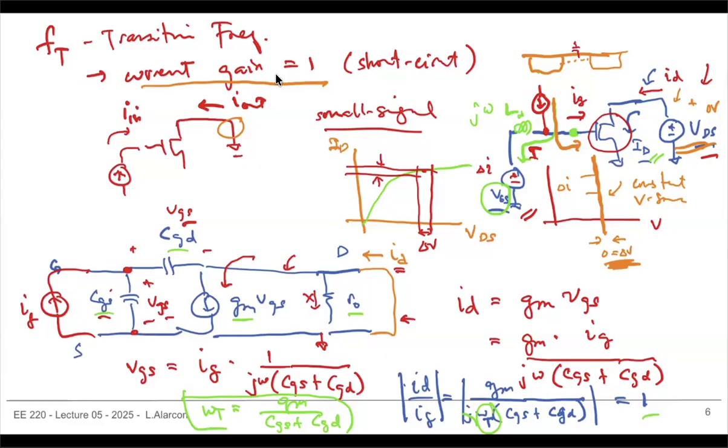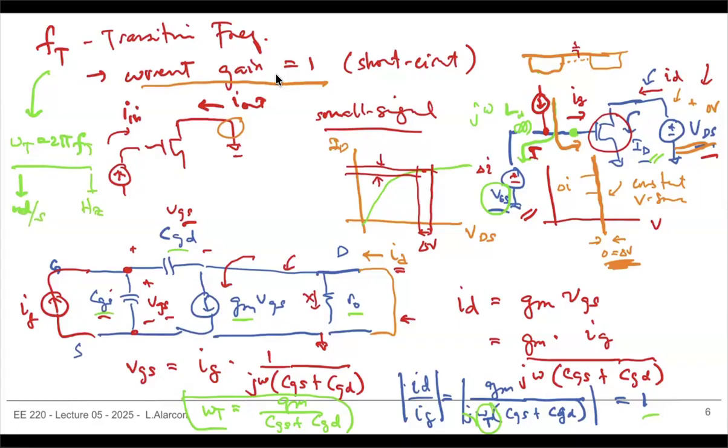That means above this, I don't have any current gain anymore, and it's probably not going to be a usable transistor. I can't build an amplifier out of that because you can't get enough gain. But in general, we don't really go close to omega t. Just to make sure, omega t is 2 pi ft, the same thing. This is in hertz, and this is in radians per second.